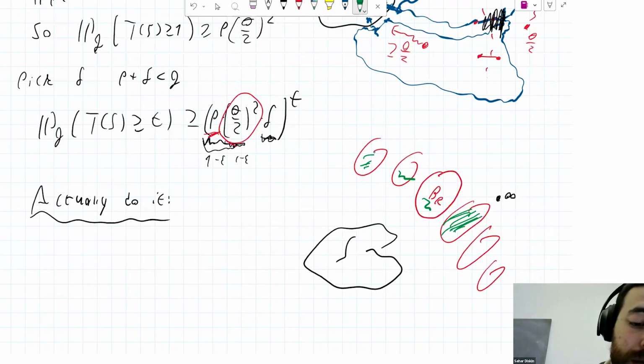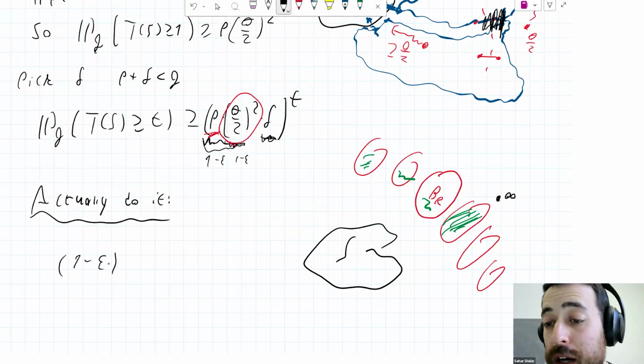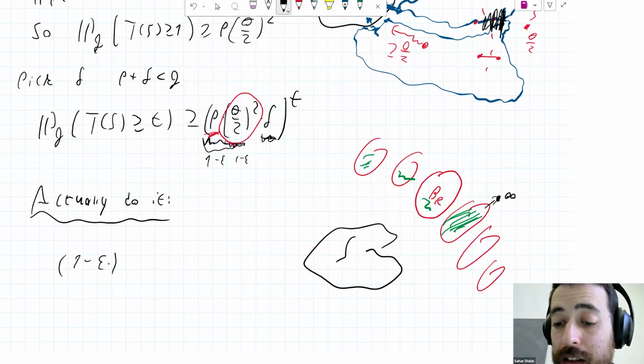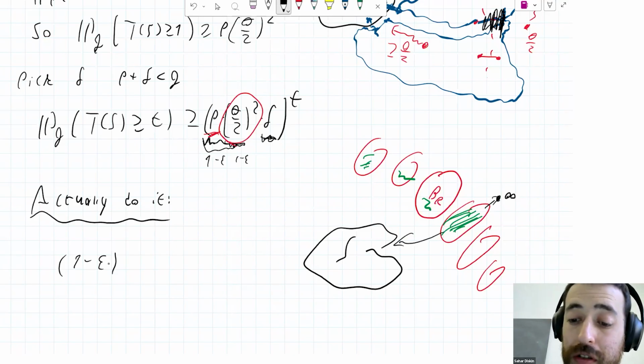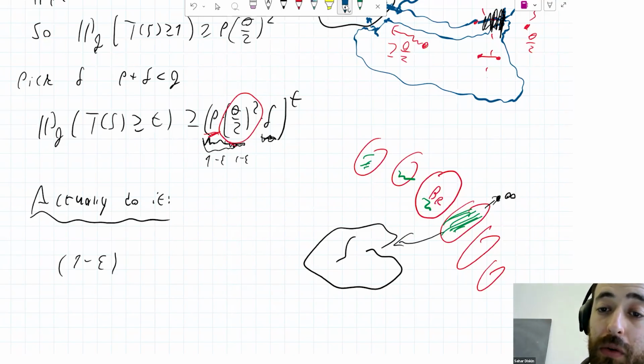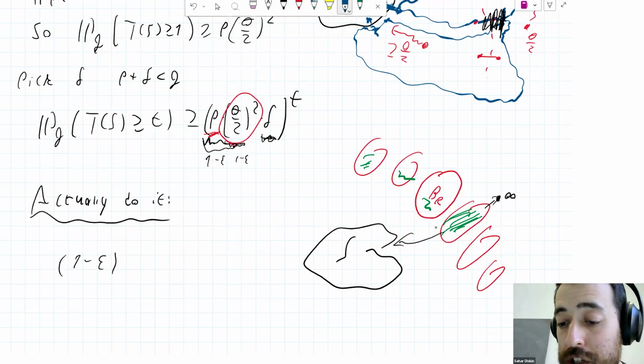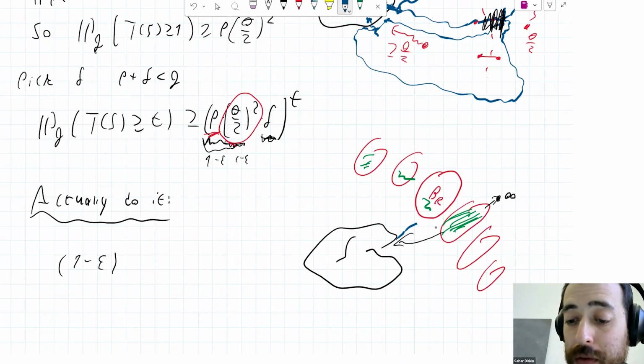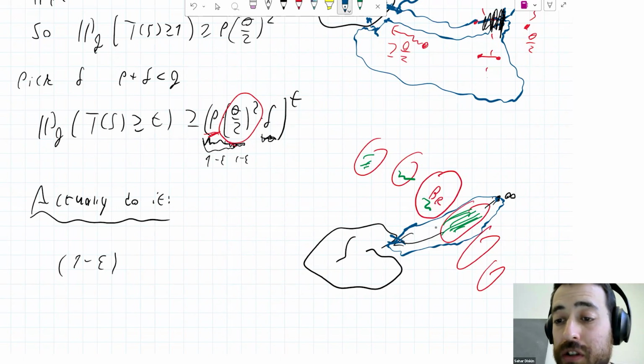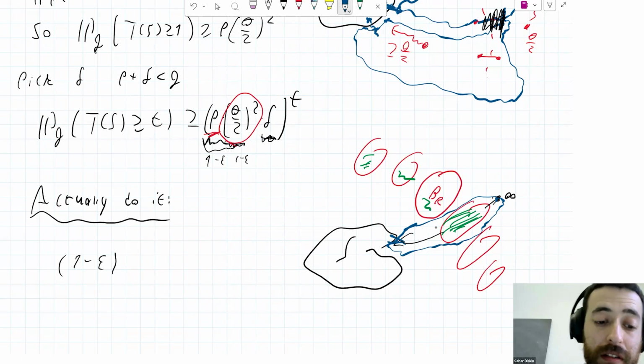I tried this one, it wasn't fully open, I tried this one, it wasn't fully open, and then this one is fully open. So I need to pay this 1 minus epsilon to open one of them. But once one of them is open, I will be able to reach, then I continue in the original percolation. This was in some small parameter percolation. And I will be able to get a new touch. And then I continue this thing. So this is another, say, 1 minus epsilon in order to ensure this new touch.